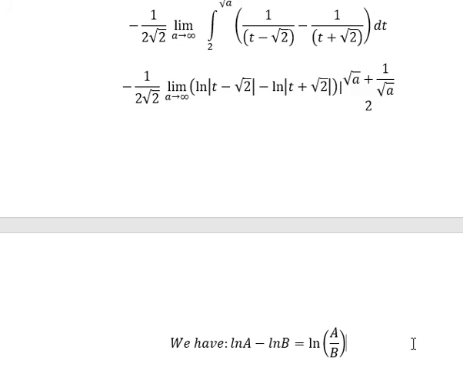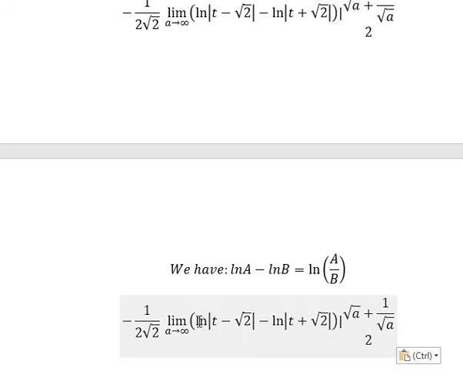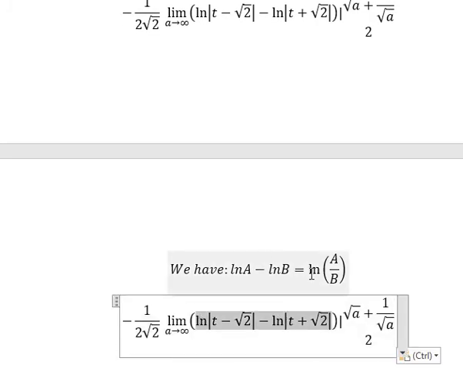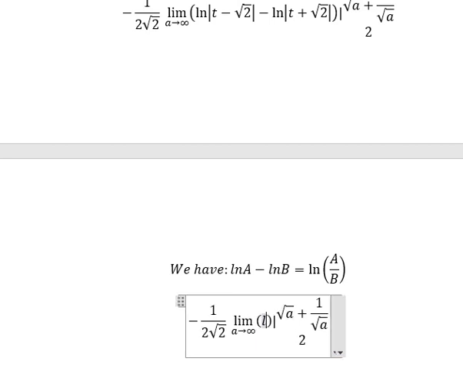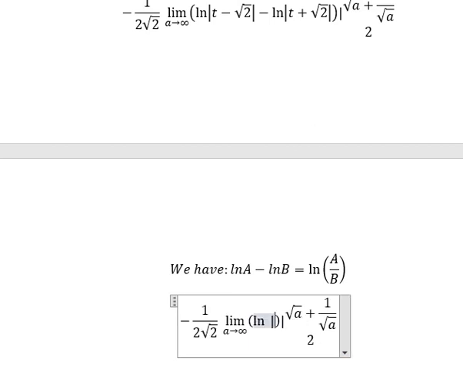Now, we need to transform this one into this one. So we put like this.